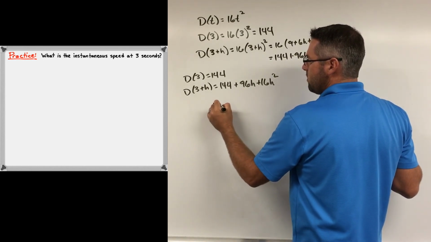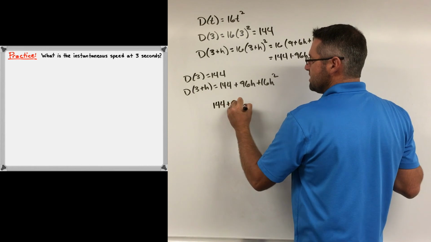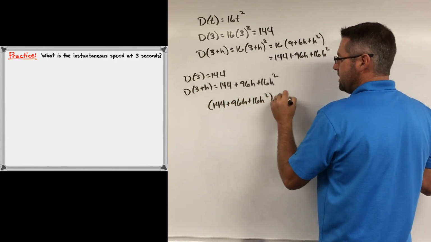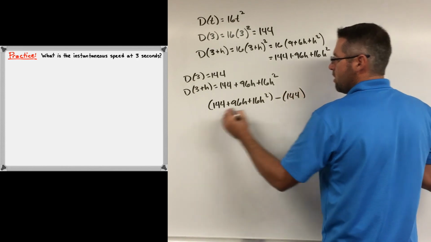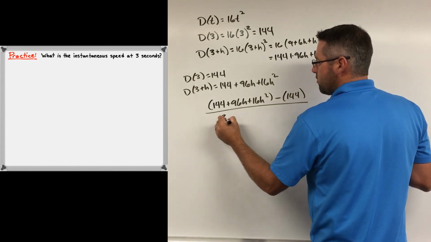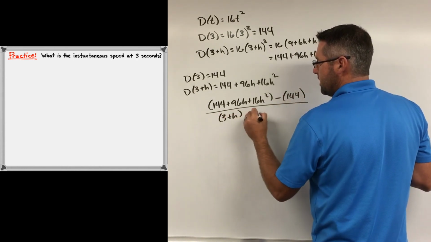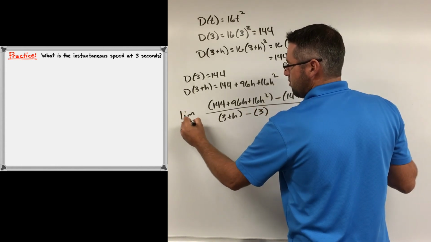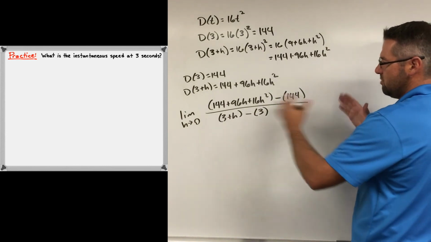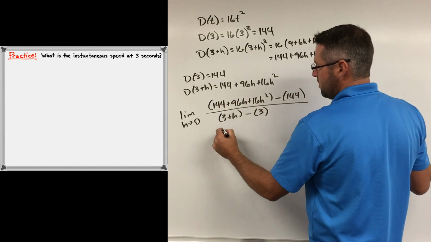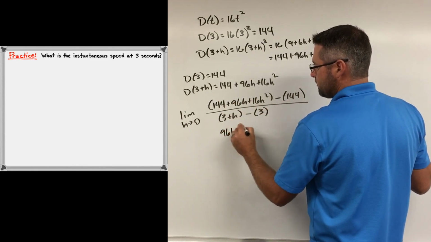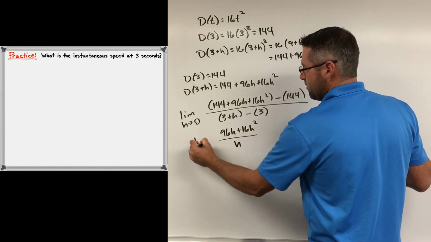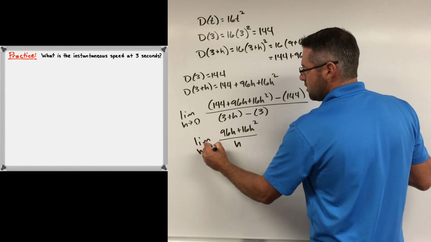So it'll be 144 plus 96h plus 16h squared minus 144 all over 3 plus h minus 3. And we're taking the limit as h approaches 0. We'll simplify this. The 144 minus 144 cancel out. And then the 3 minus 3 cancel out. And so that makes it look a lot easier.